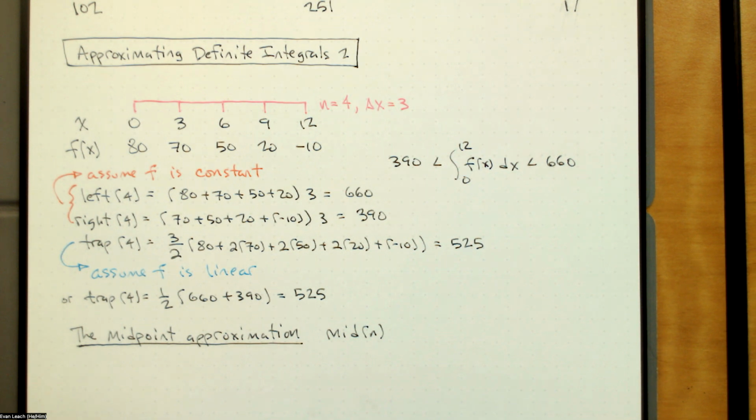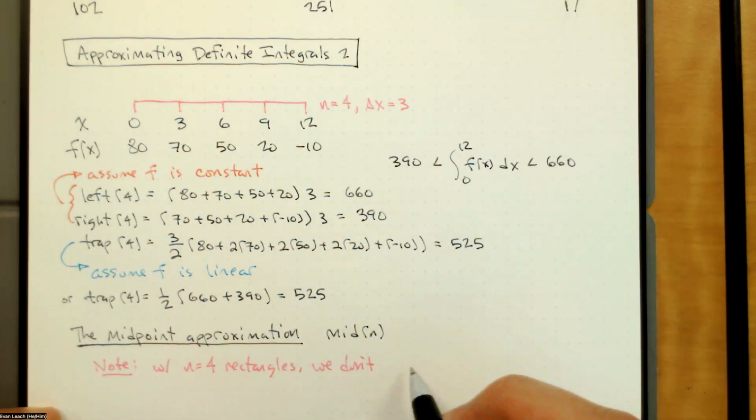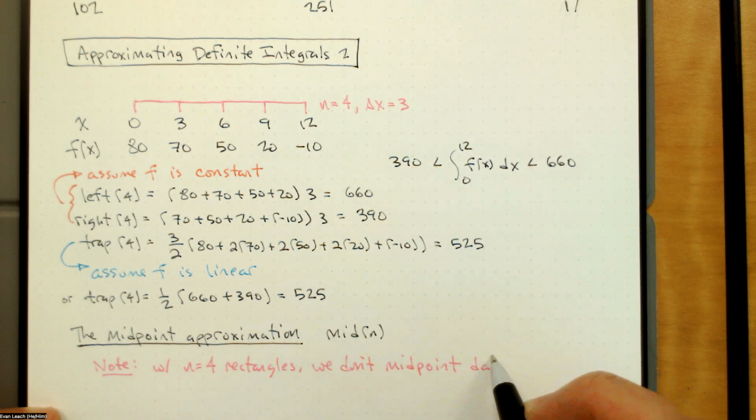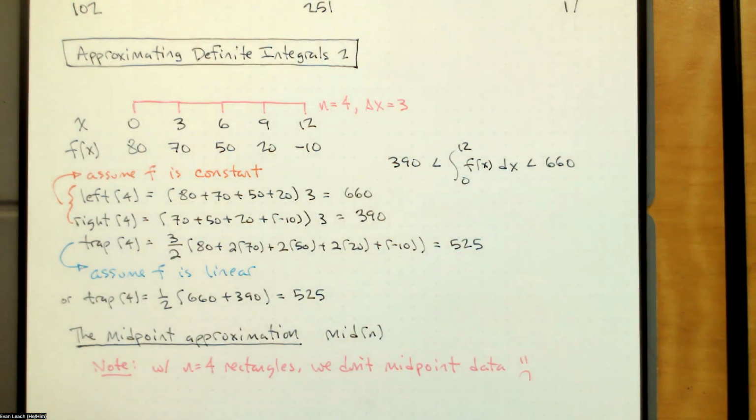So with our particular example, some notes. With n equals 4 rectangles, we don't have midpoint information.